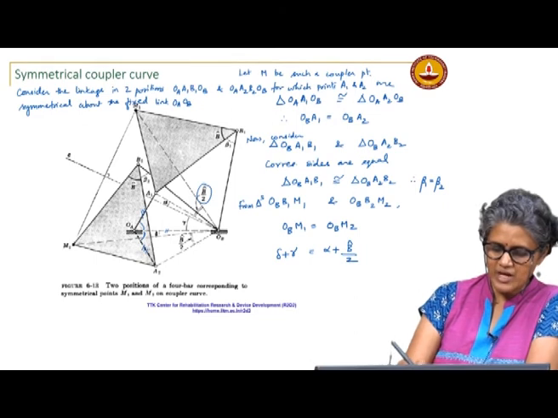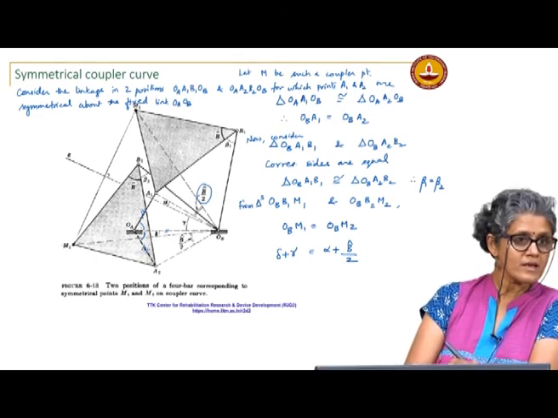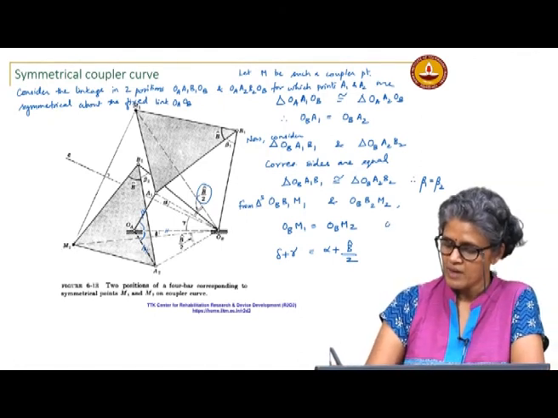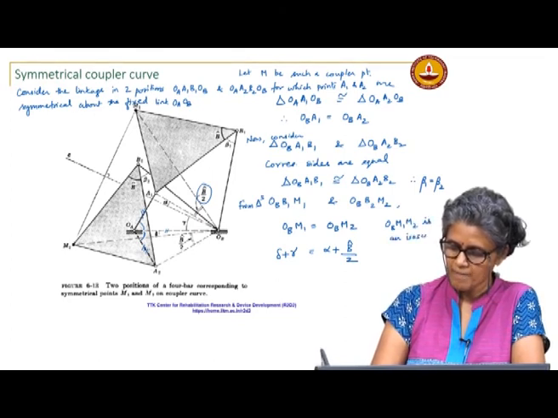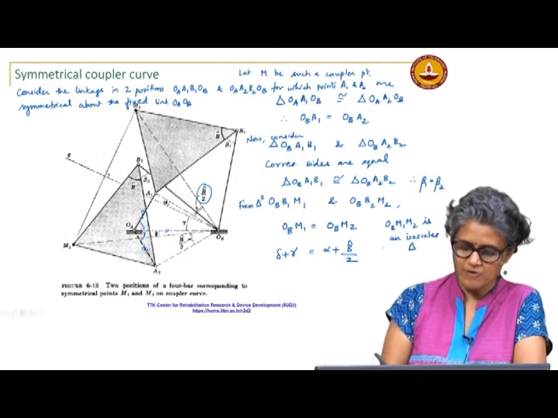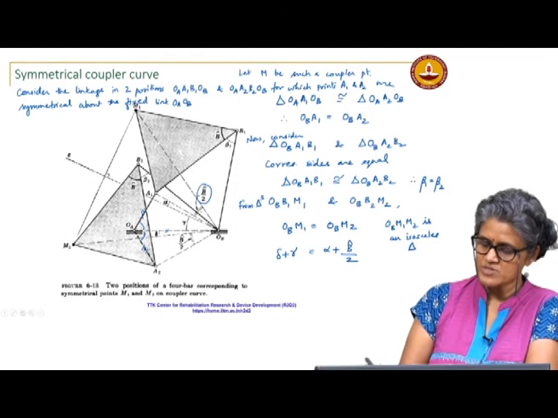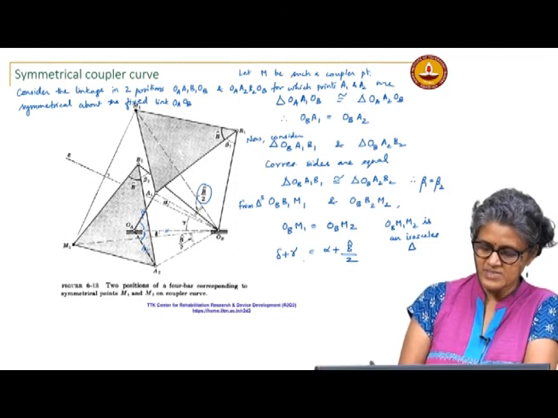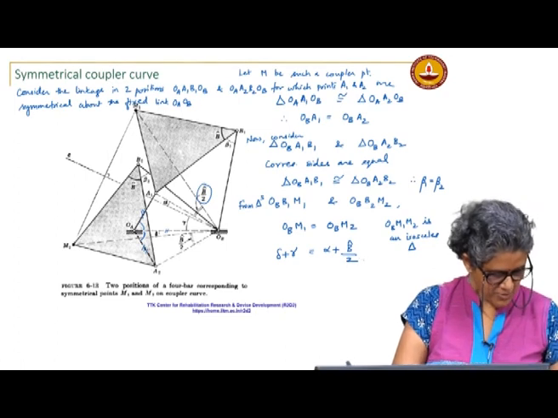Because this is now an isosceles triangle, OB M1 M2, therefore it bisects that. So I have delta plus gamma equals alpha plus B cap by 2.